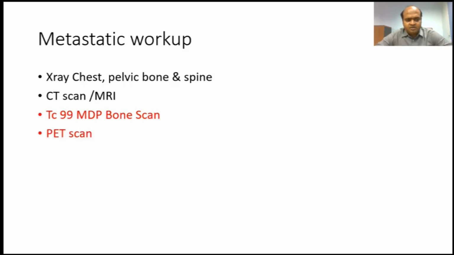And now PET scan has also been added in the basket of metastatic workup imaging of prostate cancer. I will come to the details in the subsequent slide regarding the role of PET scan and its current utility in prostate cancer evaluation.